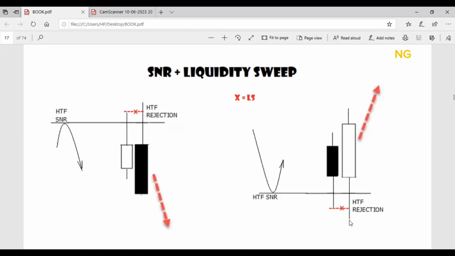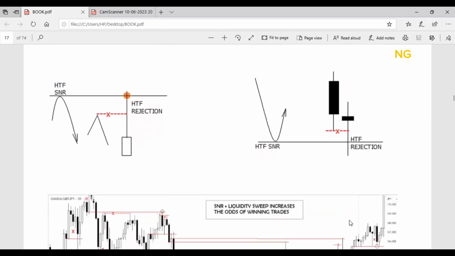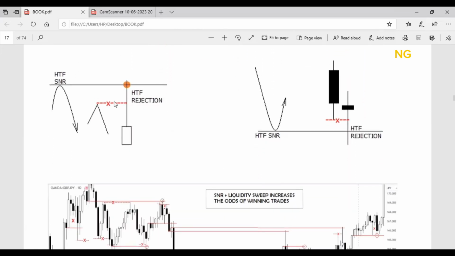So now I said it could be a little distance from the candlestick that touched the S&R, as long as it has taken out a previous high or a previous low. It doesn't have to stay close to it.